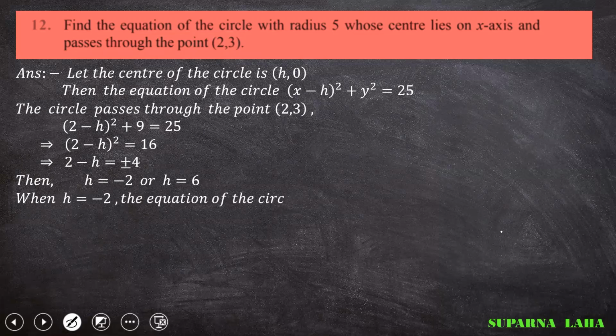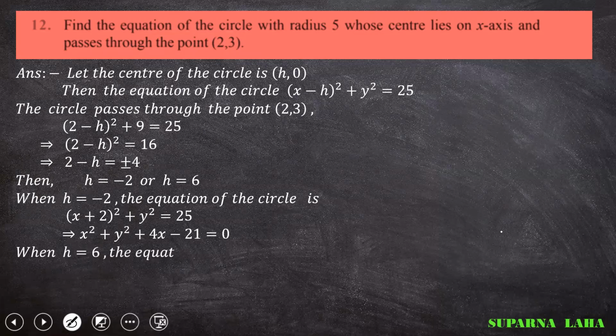Now if the value of h is minus 2, then the center is (minus 2, 0), and the equation will be (x plus 2) whole square plus y square equals 25. Just expand the square and find the general equation of the circle. And if h is equal to 6, the center is (6, 0), and the equation of the circle is (x minus 6) whole square plus y square is equal to 25.